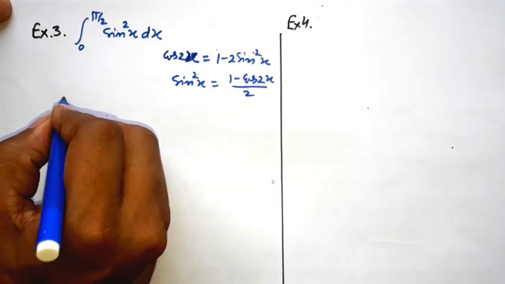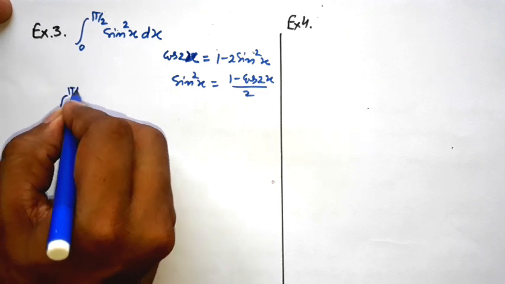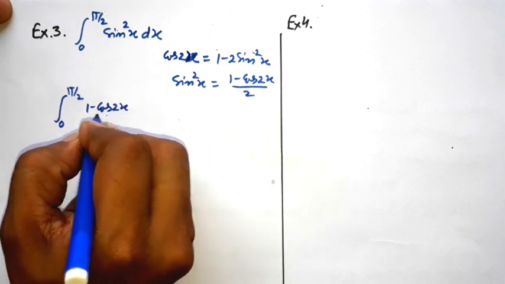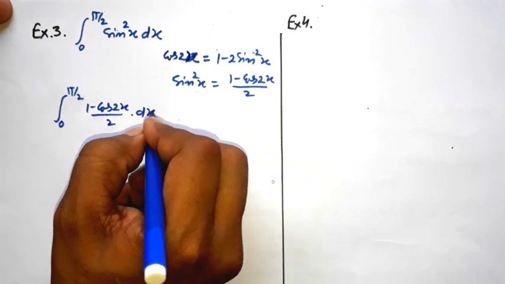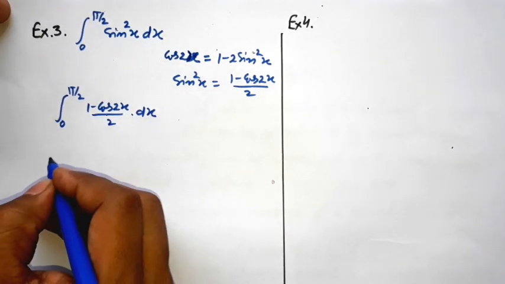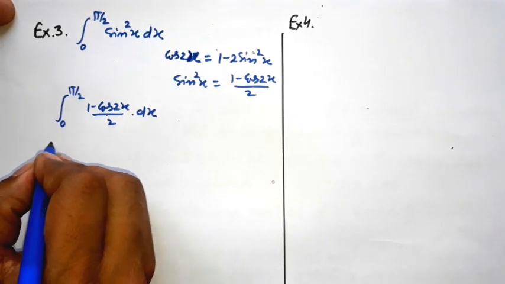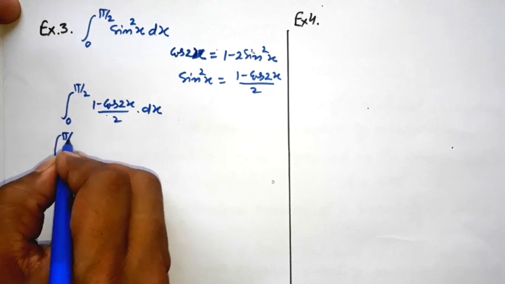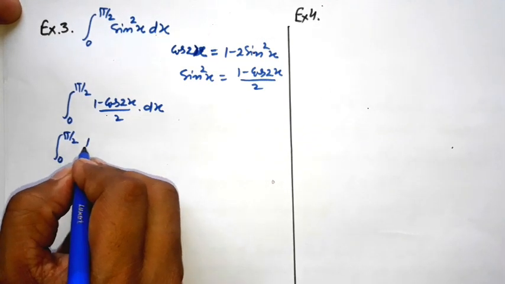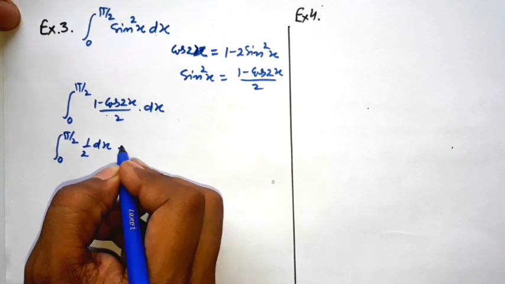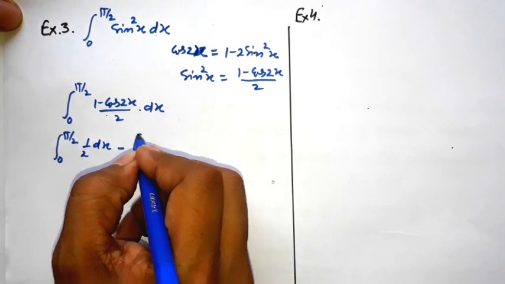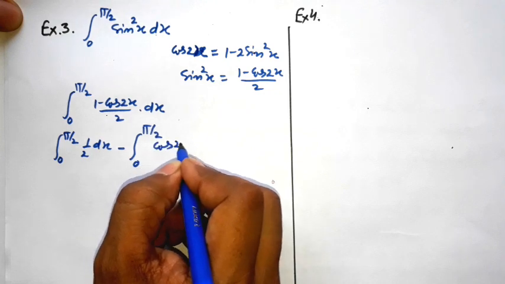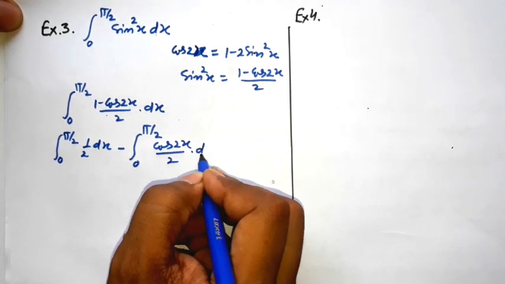So integration 0 to pi by 2 of 1 minus cos 2x upon 2 into dx. Now we will integrate, then integration 0 to pi by 2, this will be 1 by 2 dx minus integration 0 to pi by 2 of cos 2x upon 2 into dx.